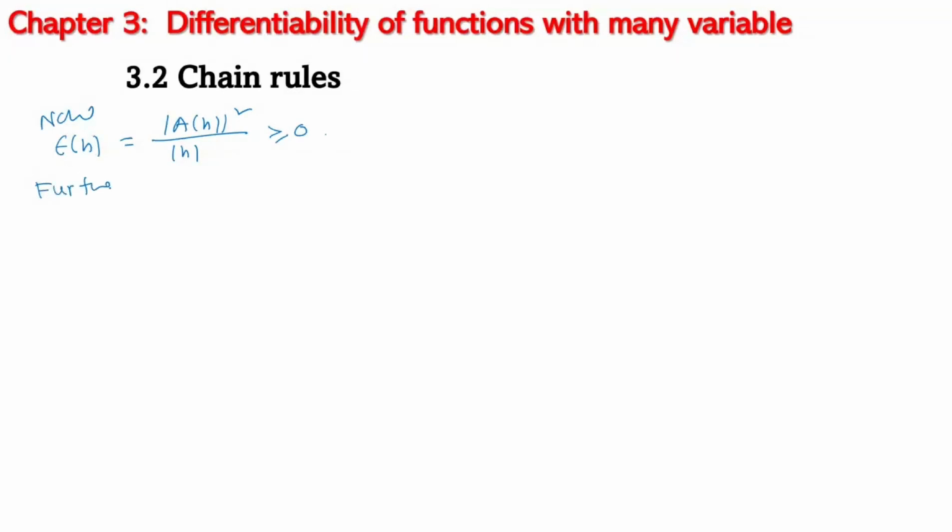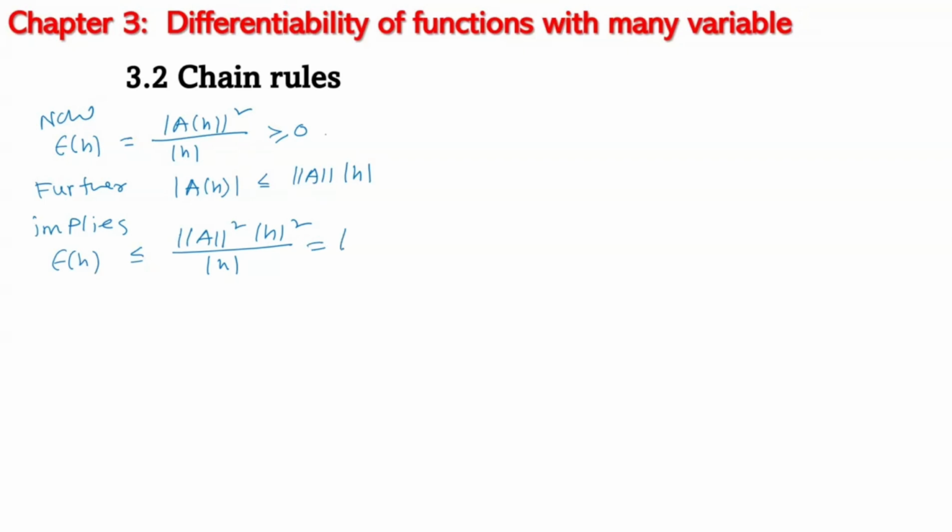Further, mod of ah is less than or equal to norm of a times absolute value of h, which implies epsilon h is less than or equal to norm of a whole squared times absolute value of h whole squared over absolute value of h, which is norm of a whole squared times absolute value of h, and this clearly tends to 0 as absolute value of h tends to 0.